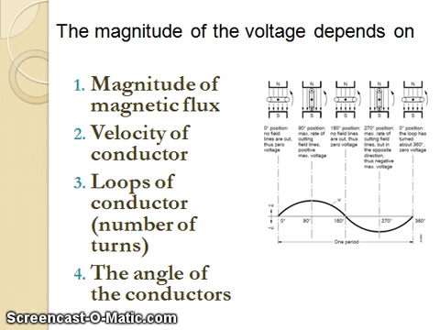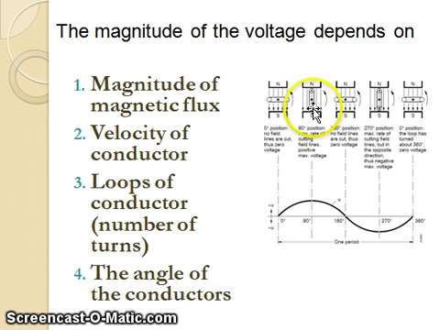Here we can see, as I have explained a bit before, the different positions of the loop within the line of force and the effect on the EMF. In this situation, where the loop is perpendicular to the line of force and the rotation is almost parallel to the line of force, at that point the voltage output is 0.